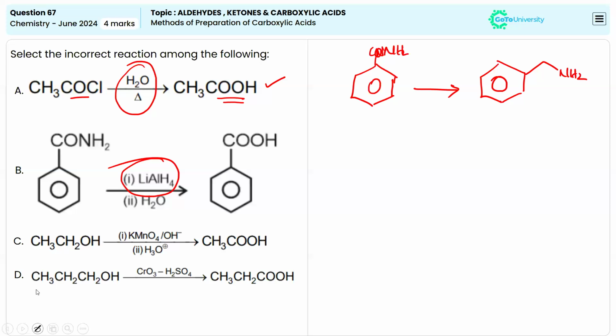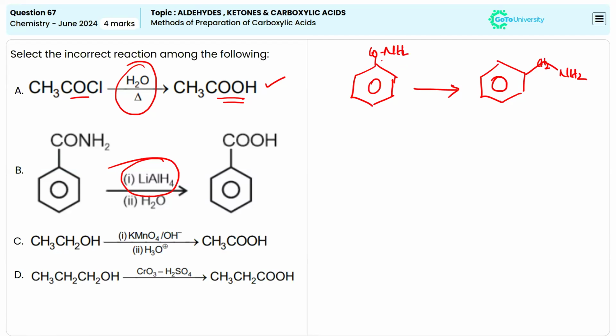Here, the reactant containing this amide group CONH2, this CO group will be converted into a CH2 group.